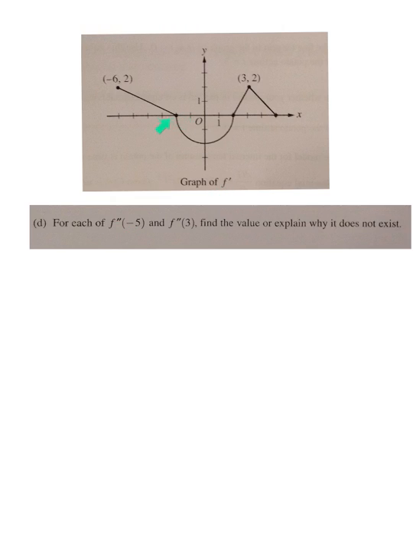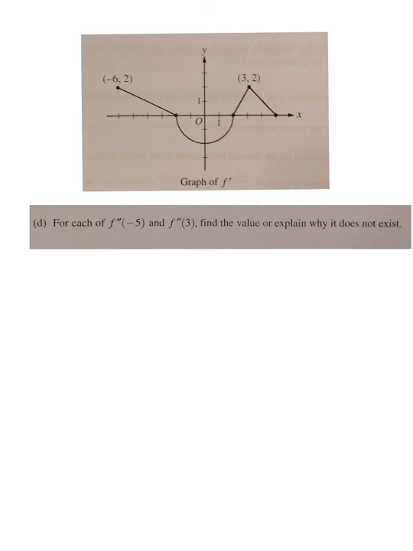So negative 1, 2, 3, 4, 5. So they basically want what is the slope of this line, because that would represent f double prime of negative 5. Okay, so I see that I'm going to just make my life easy here. I go down 2, and then I go over 1, 2, 3, 4. So that slope at negative 5 is negative 1/2, right?